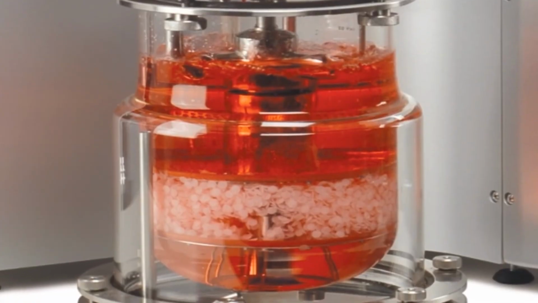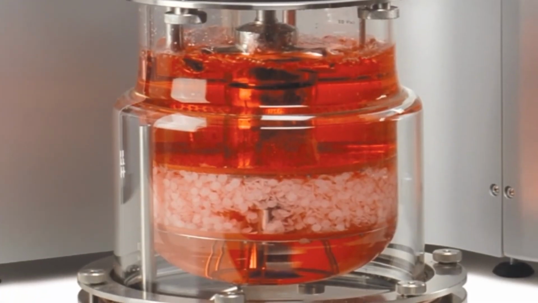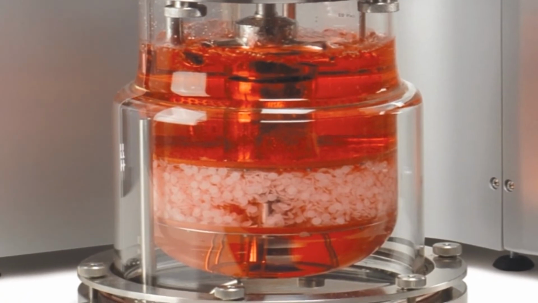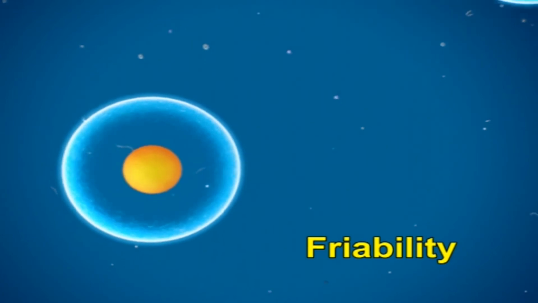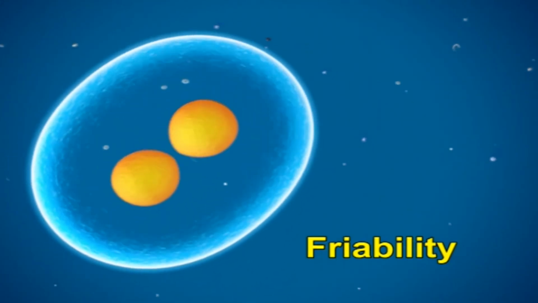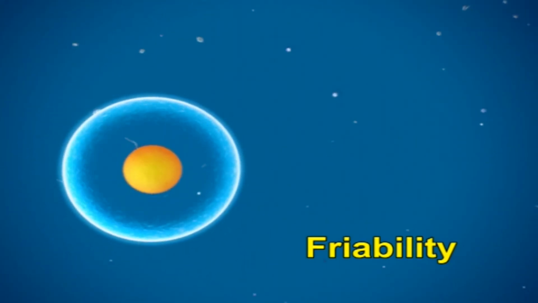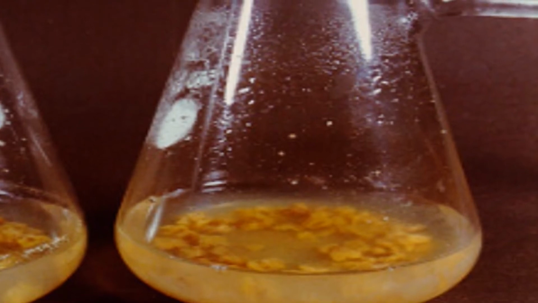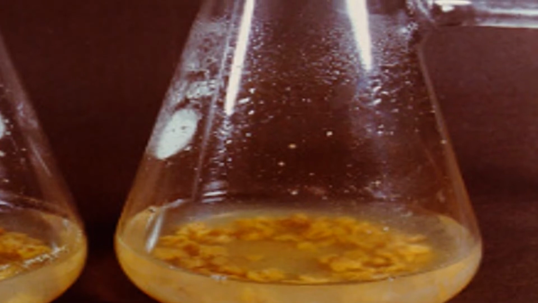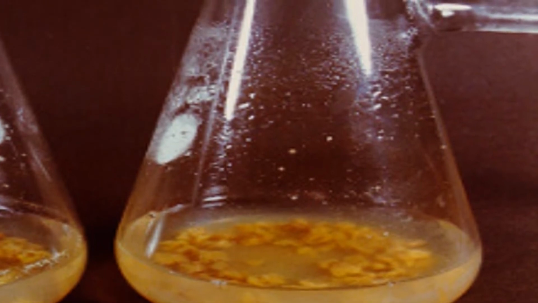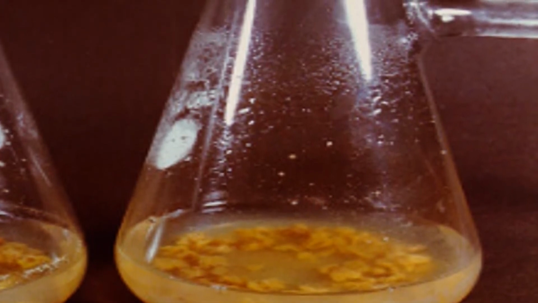The cells free themselves from the inoculum because of the whirling action of the liquid. The term used to describe the separation of cells following cell division is friability. A gradual deceleration in the division rate is observed, and finally the cells enter a stationary or non-dividing stage.